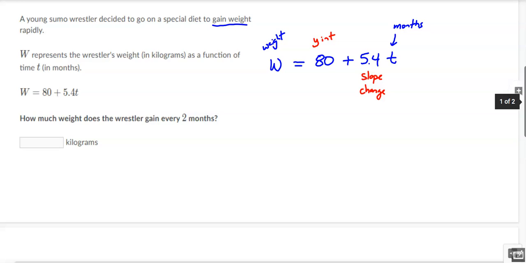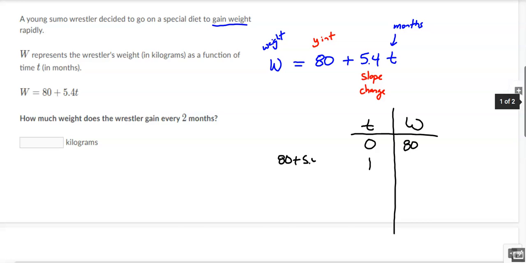So if I make a little table, sometimes that helps let us know what's going on. At 0 months, if I plug 0 in for T, I'm going to get 80. So that must be what my weight started at. Then 1 month later, if I plug 1 in there, I'm going to have 80 plus 5.4 times 1, and that's going to give me 85.4.